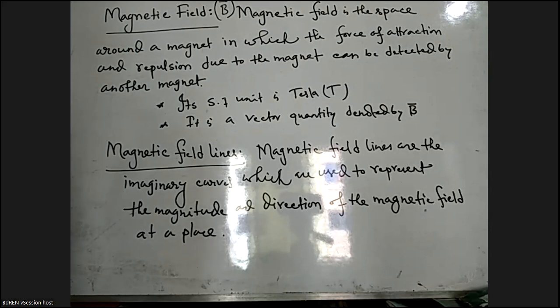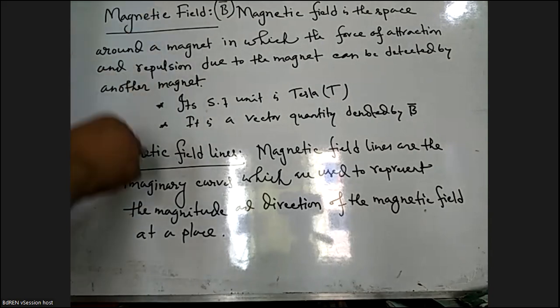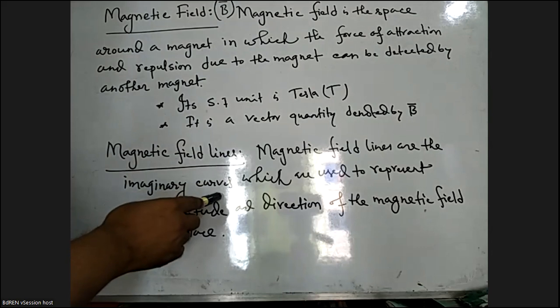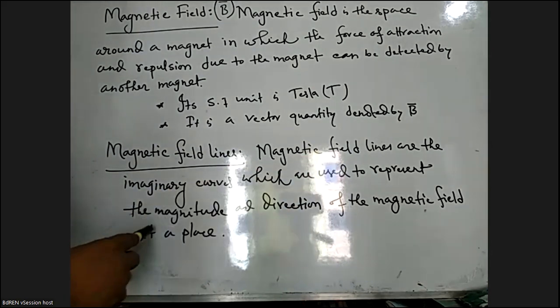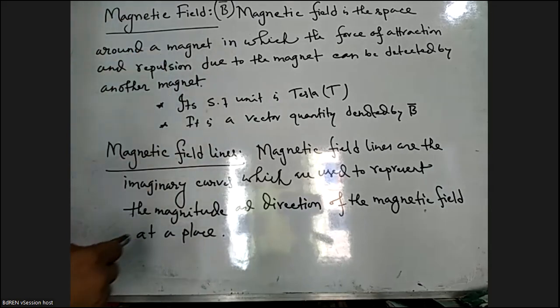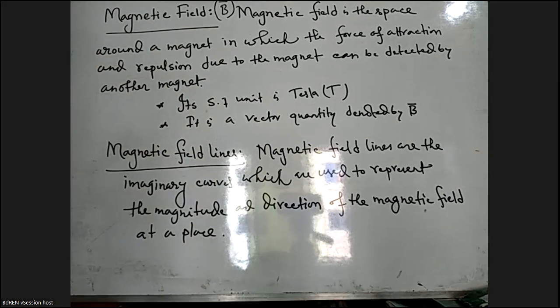So, what are magnetic field lines, or magnetic lines of force? Magnetic field lines are imaginary curves used to represent the magnitude and direction of the magnetic field at a place. Due to these magnetic lines of force, the magnetic field is created.